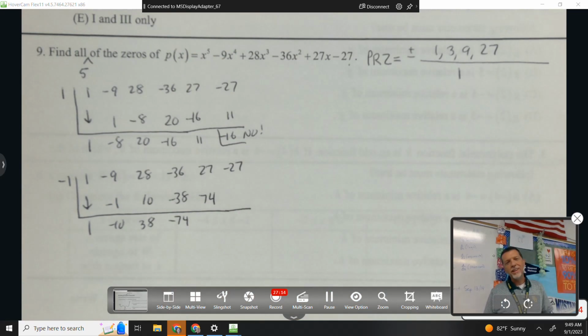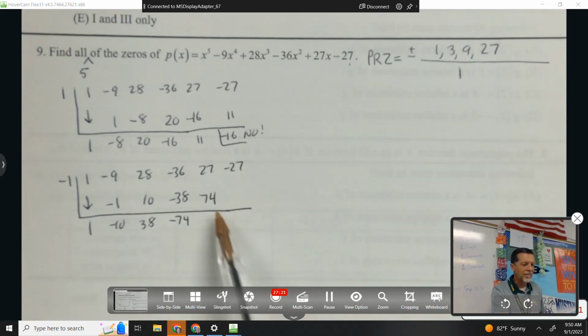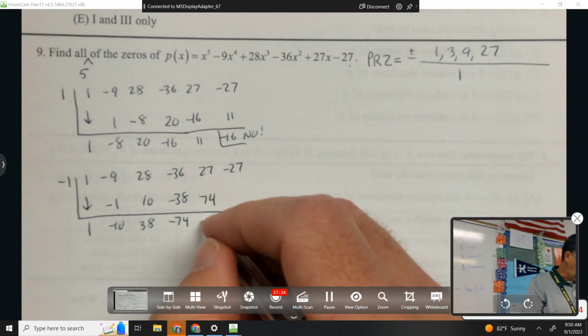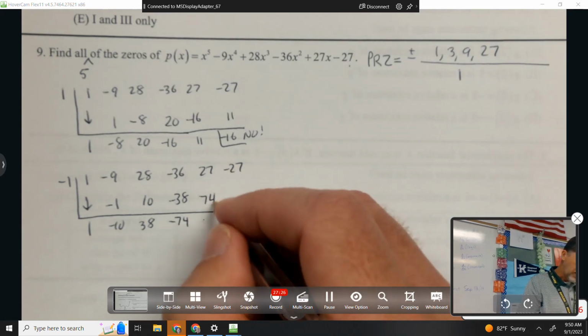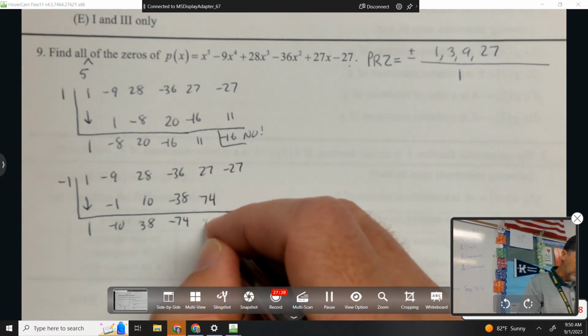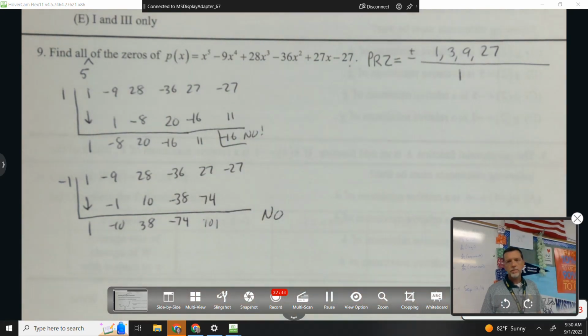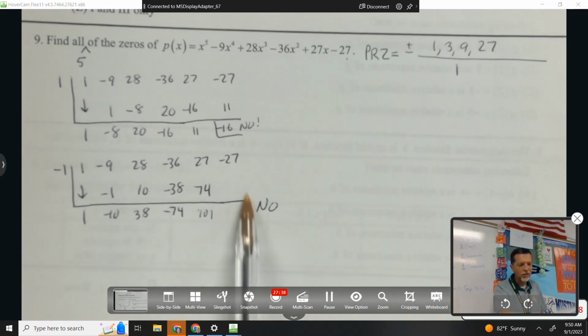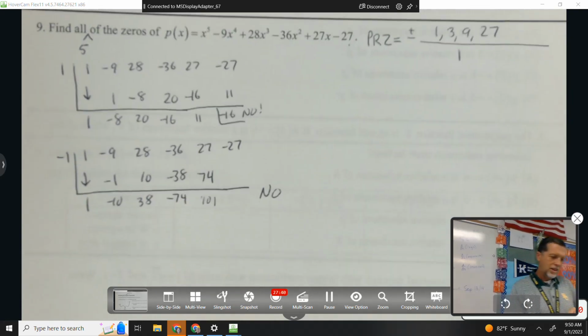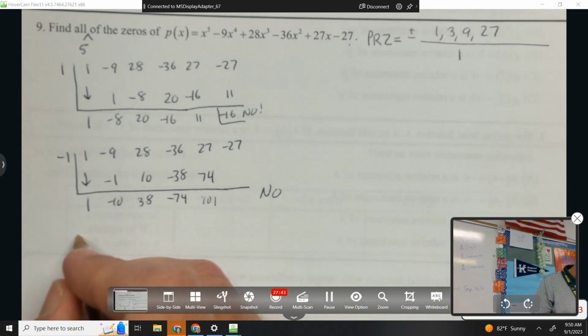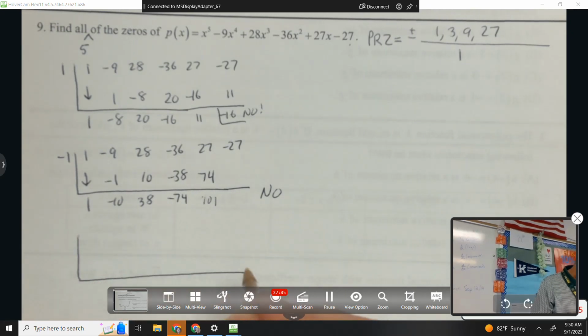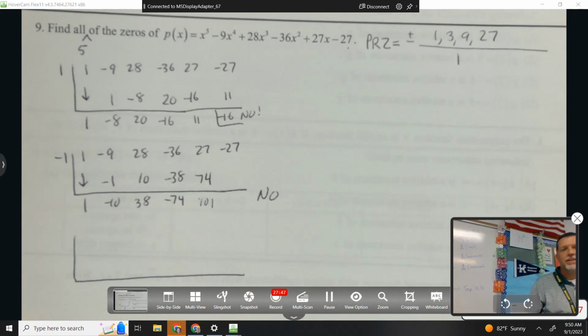Okay, at this point, 27 plus 74, really big. Multiply, this isn't going to work. We can keep going if you want. That'd be 101. But yeah, this is a no. So feel free to bail out whenever you can, but you really can't know for sure until you get kind of close to the end. Crud. 1 and -1 are out.